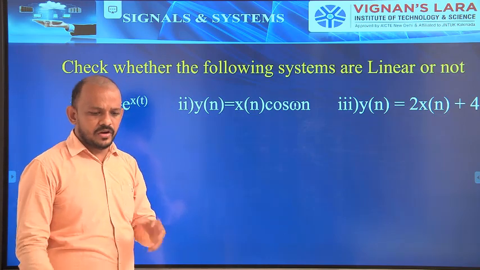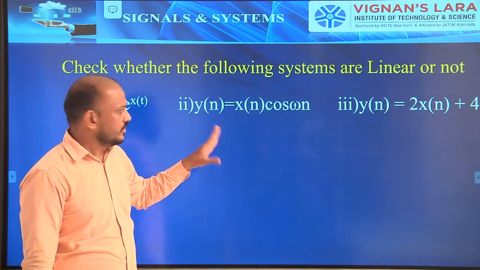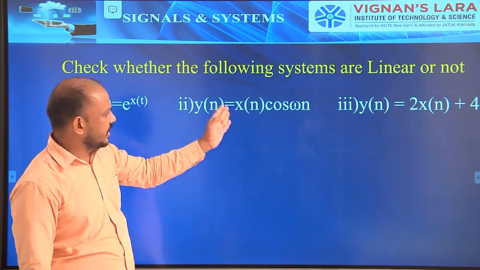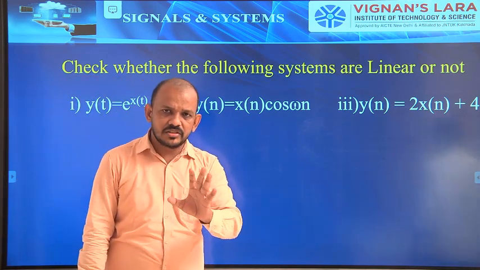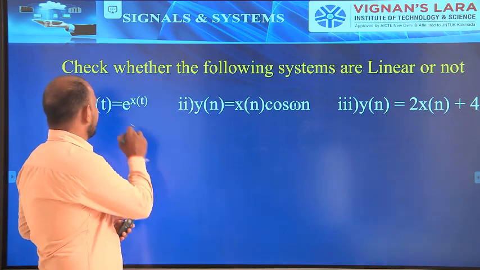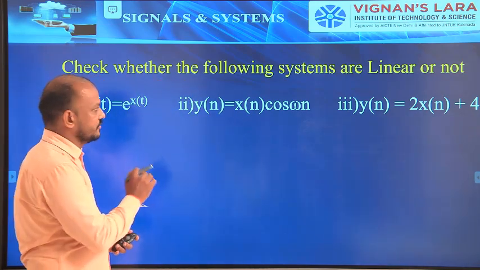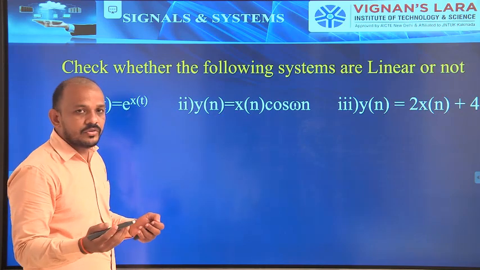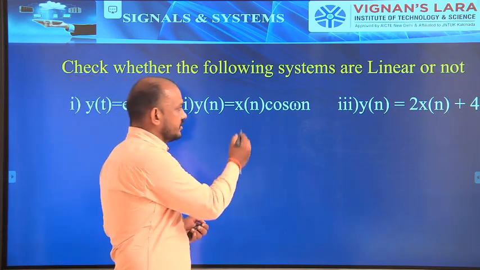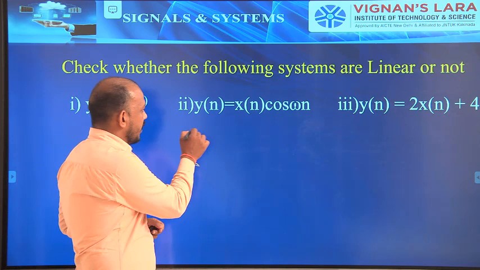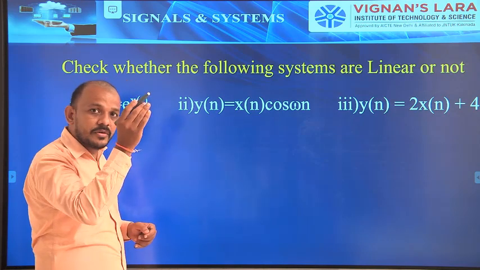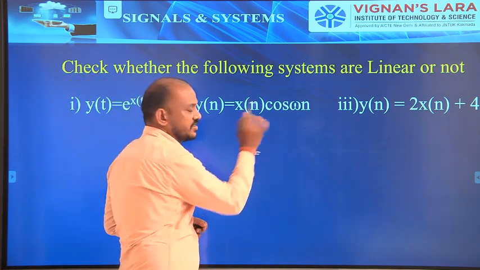So how to check? We have to calculate. For continuous time or discrete time, the procedure is first we have to consider the system equation, y of t or y of n equal to this. Next, after considering this, we can write y of n is the transformed version of x of n, which is equal to this one.